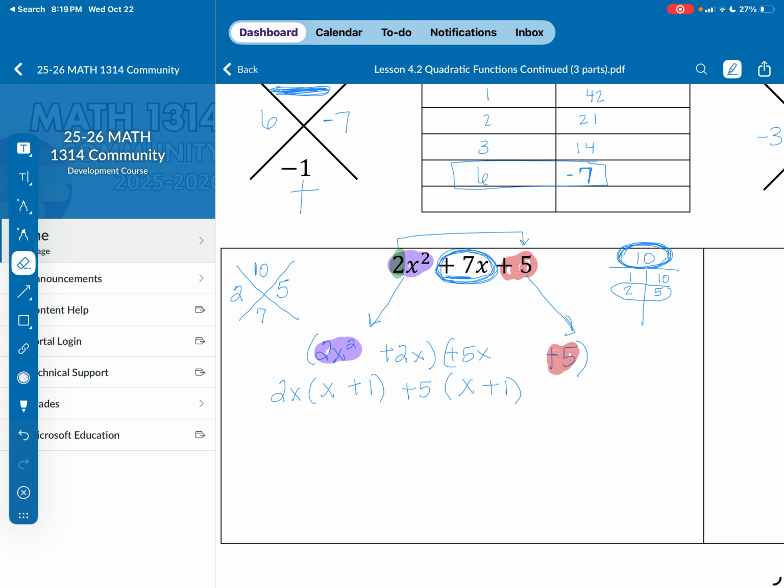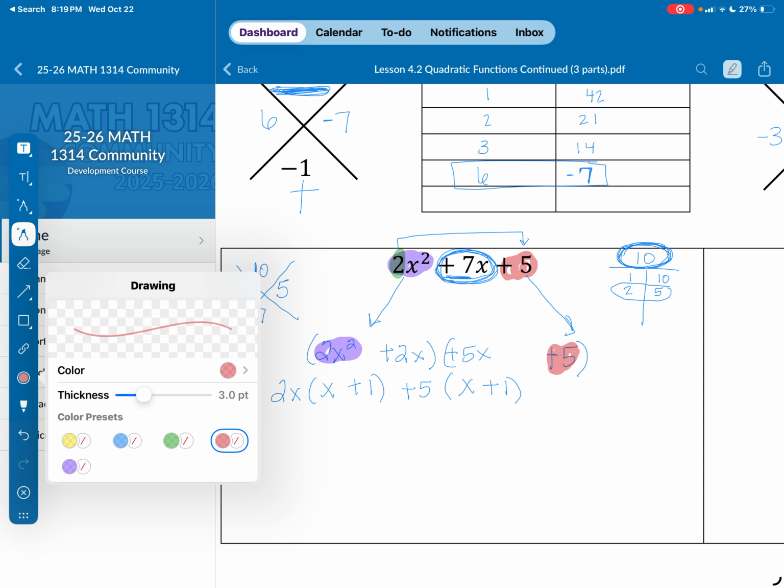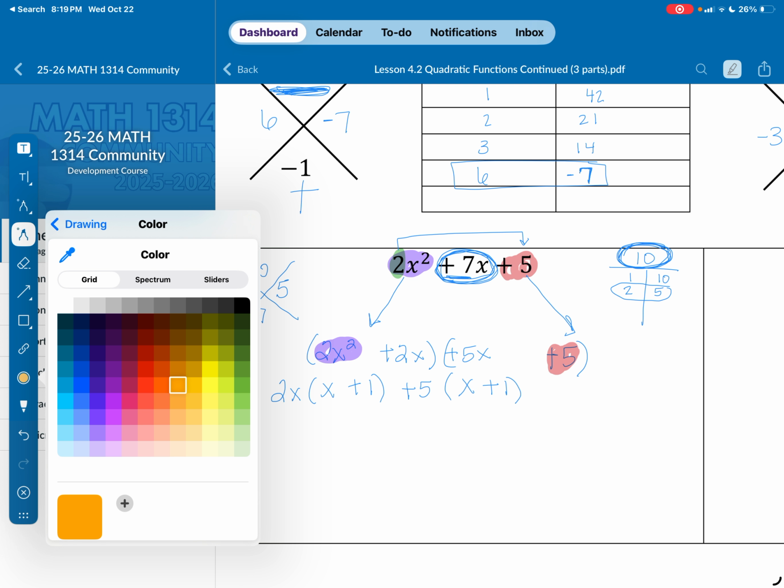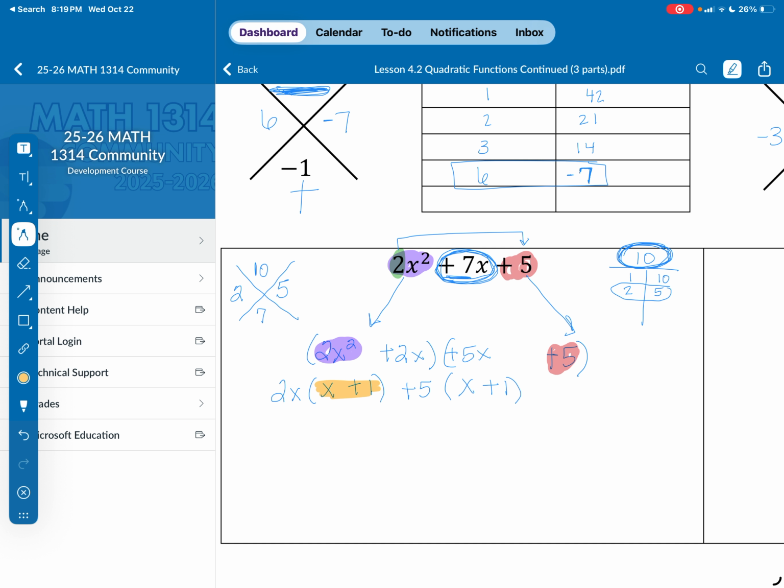So when we do factor by grouping, what I'm looking for is that these parentheses match. Okay? So if you get to this point of your problem and you realize, oh crap, I think I did something wrong because they don't match, stop right there and let's go back and check yourself. Okay? Because once you get to this point, you're pretty much to the answer.